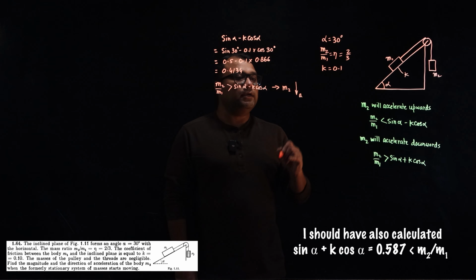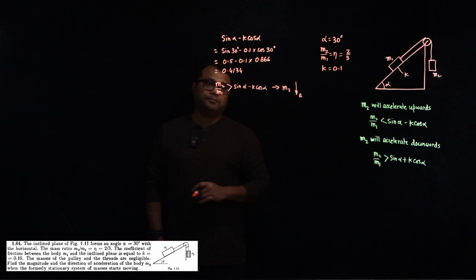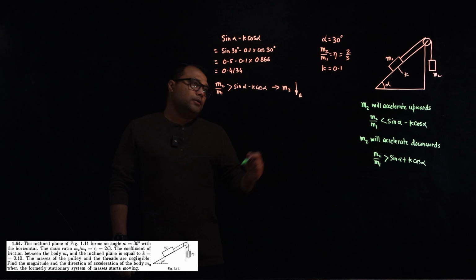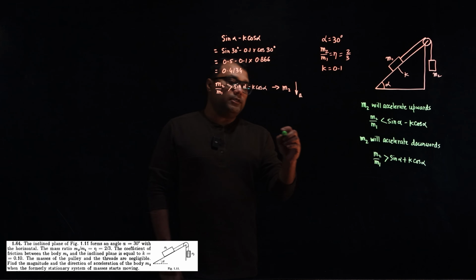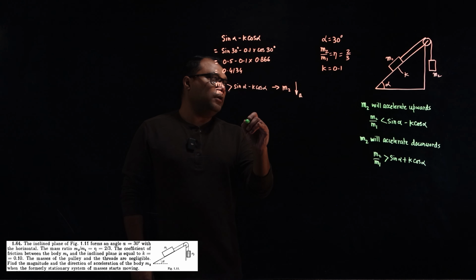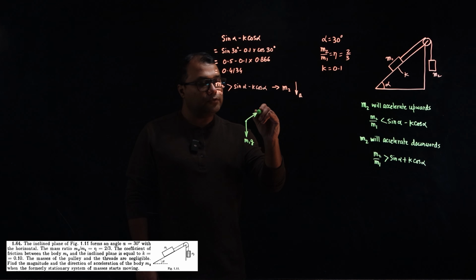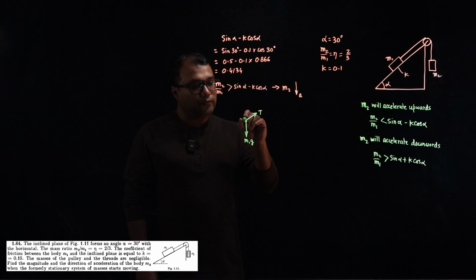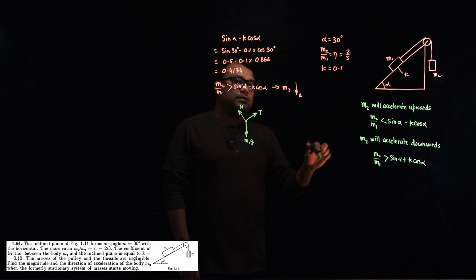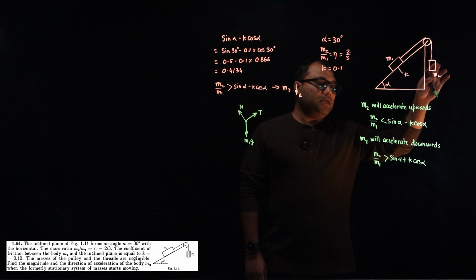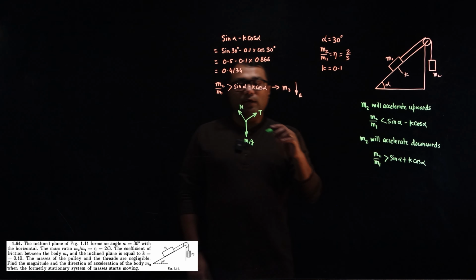Okay. Let us say it accelerates with acceleration a. Now that we have this, let us draw the free body diagram for m1 and m2. So, for m1 we have m1g, we have the tension force like this, we have a normal reaction like this, and since m2 is going down, m1 will go up.